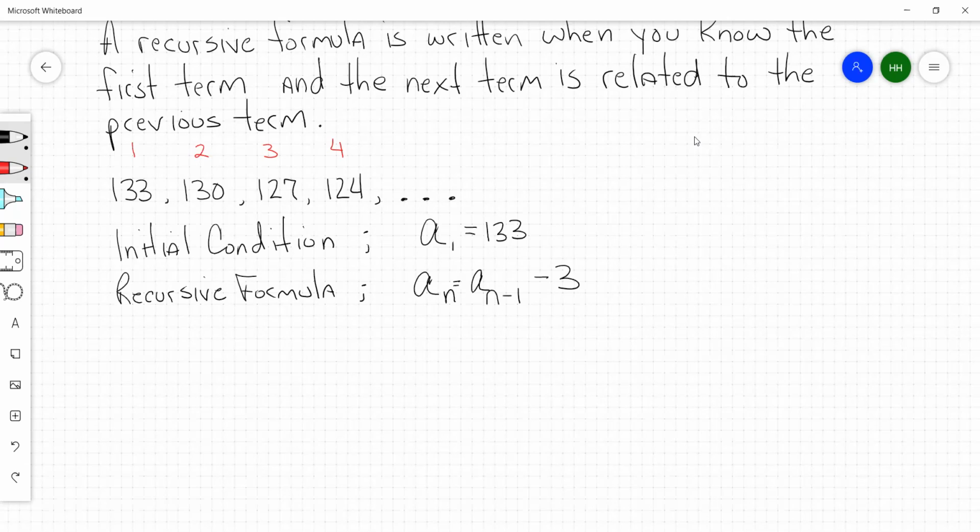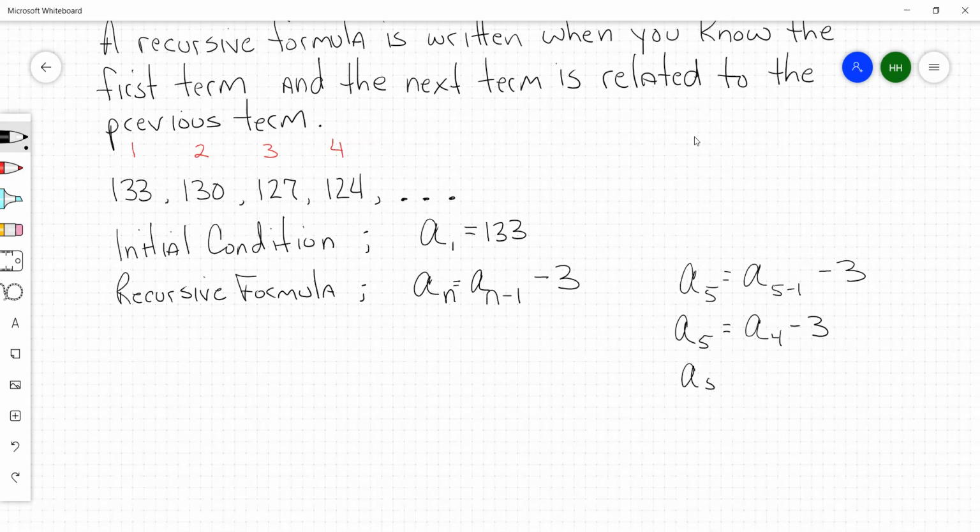The problem with this sequence is you need to know the value of the previous term to get the next term. So like here, if you were asked to find the 5th term, your a sub 5 is equal to a sub 5 minus 1 minus 3. Well, your a sub 5 is equal to your a sub 4 minus 3.